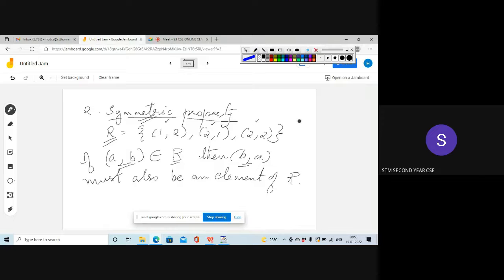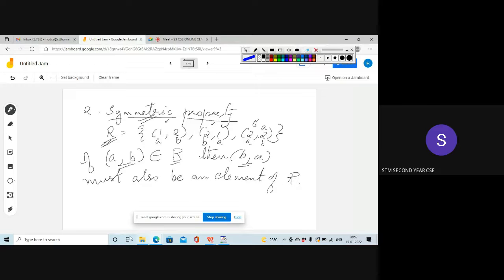It is implied that (2,2) is an element of R. So this relation R satisfies symmetric property, since if (a,b) is there, (b,a) is there.